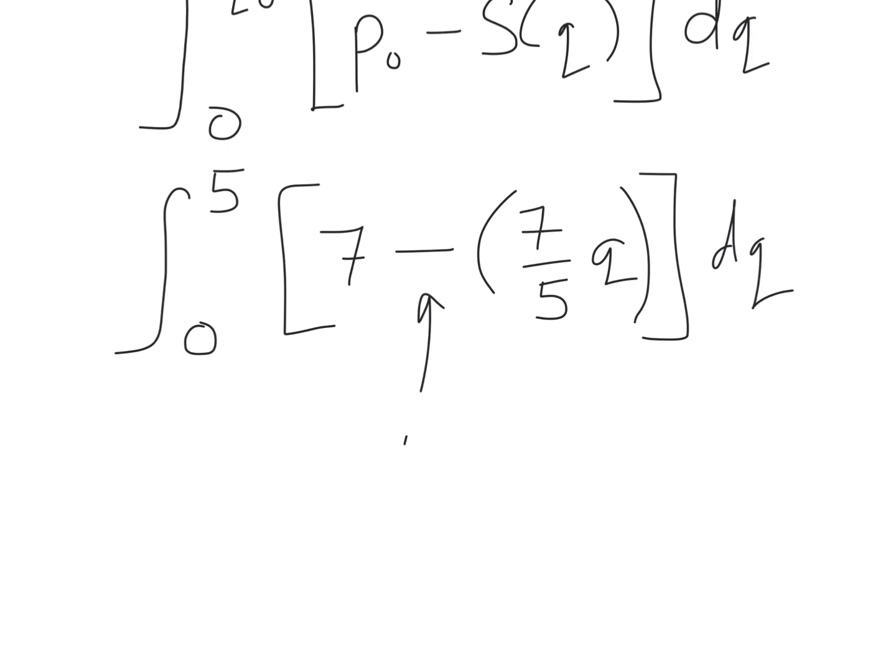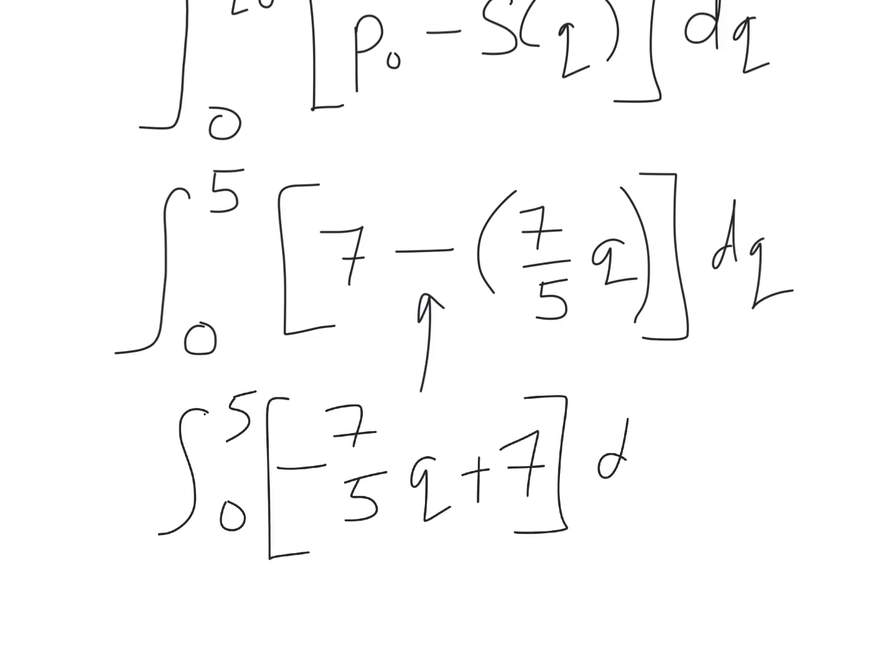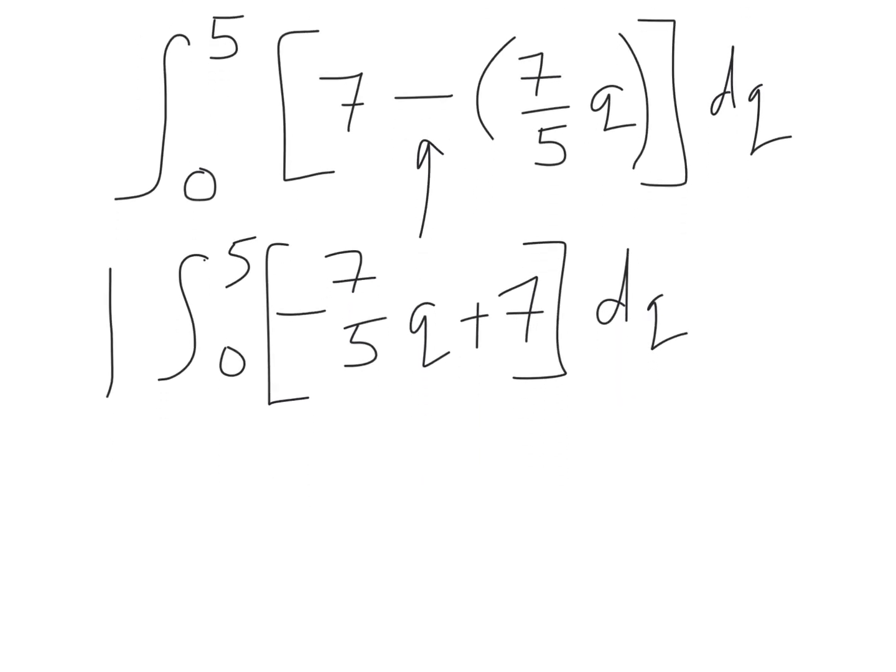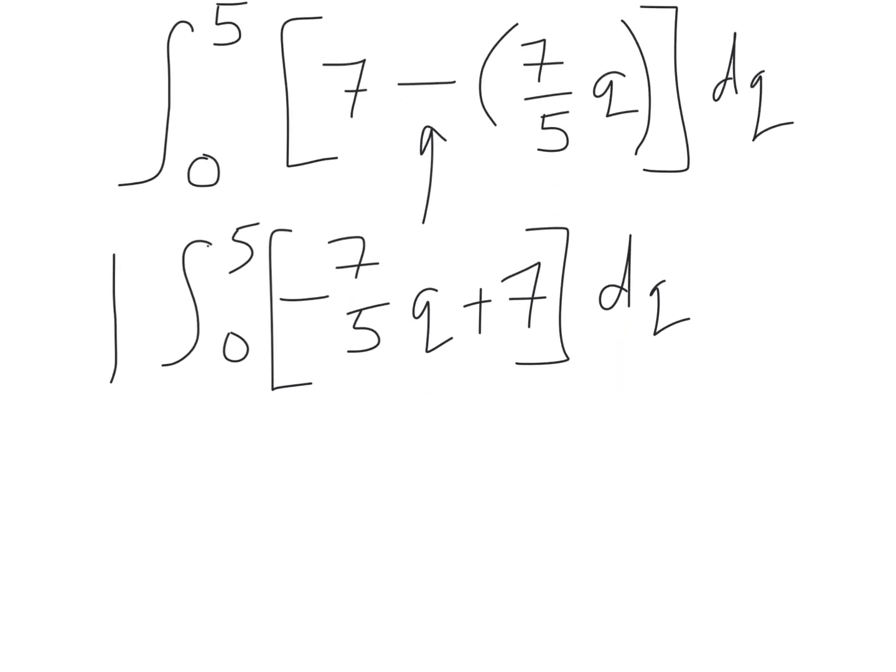So integrate, let's see. I'm going to rearrange this, maybe: minus 7/5 q plus 7. I just turned the terms around. It doesn't matter, honestly, but I just wanted the greater degree term first.